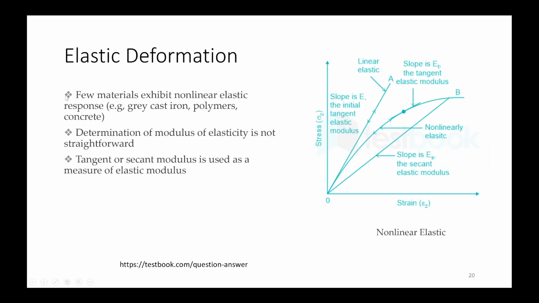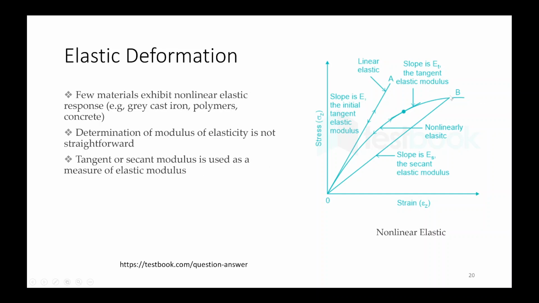In case of elastic deformation, a few materials exhibit non-linear elastic response, such as grey cast irons, polymers, and concrete, and determination of the modulus of elasticity is not straightforward, so the tangent or secant modulus is used as a measure of elastic modulus.